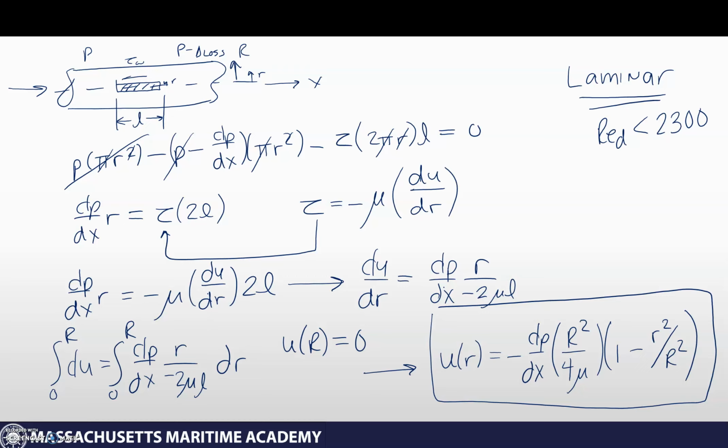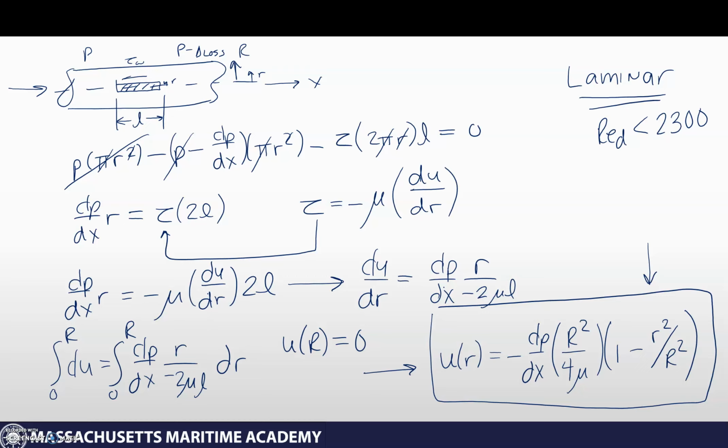Now let's figure out where our maximum velocity in this pipe would be. Thinking of the equation, this term right here, the biggest it can be is 1, because this is 1 minus something. No matter what it is, it's going to be less than 1, except when little r is 0.